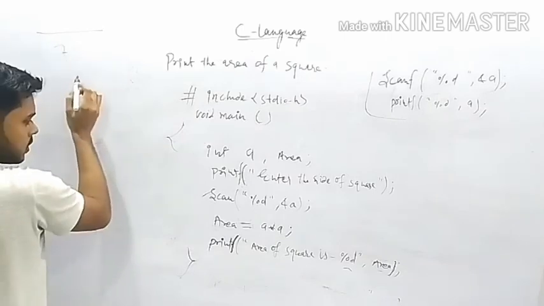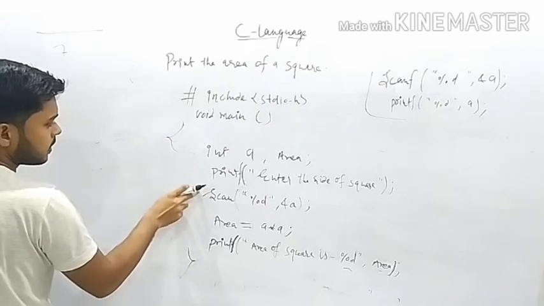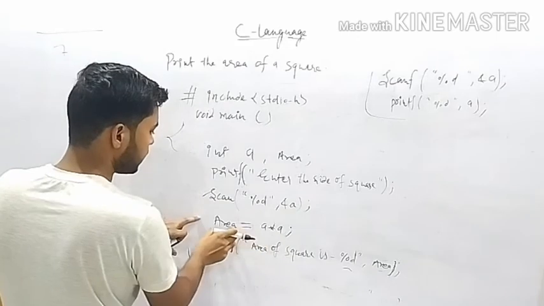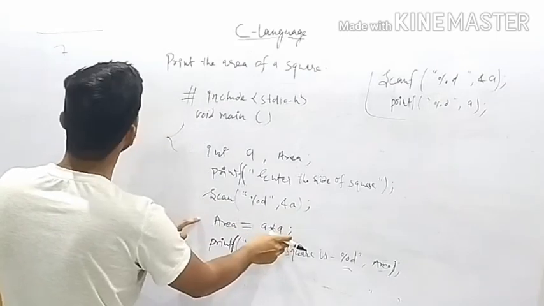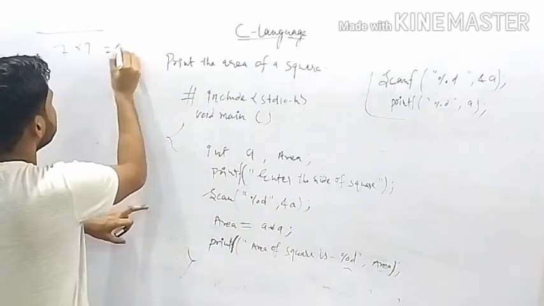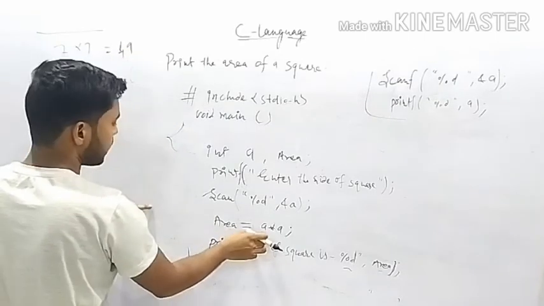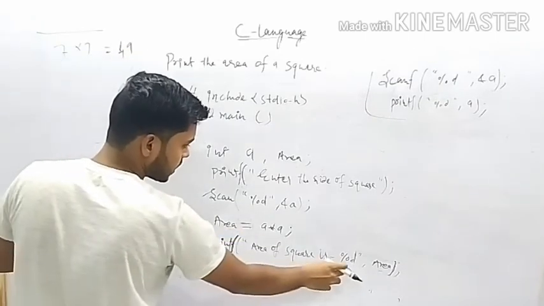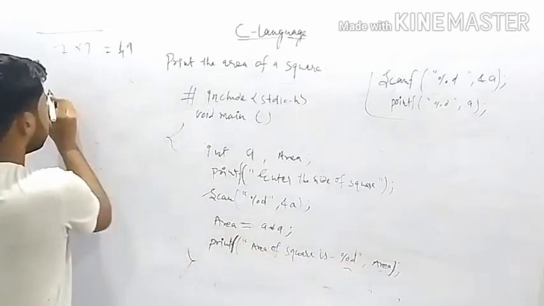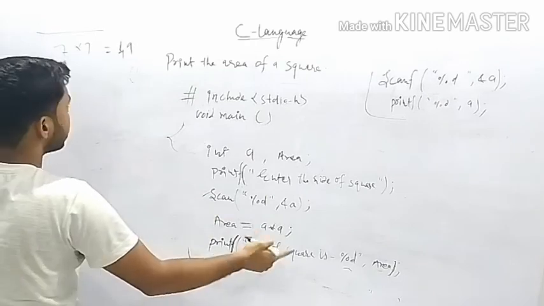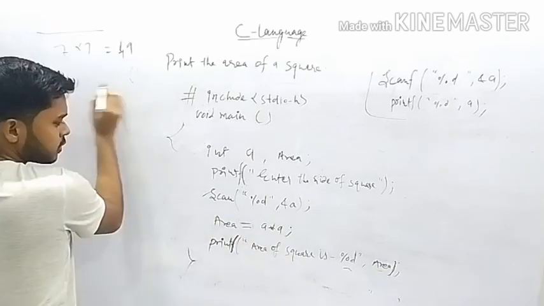So the compiler will come here and store 7 in a, and then area equals a into a, which means 7 into 7, so it will be 49. The area will become 49. Then printf area of square is %d means it will print area of square is 49.